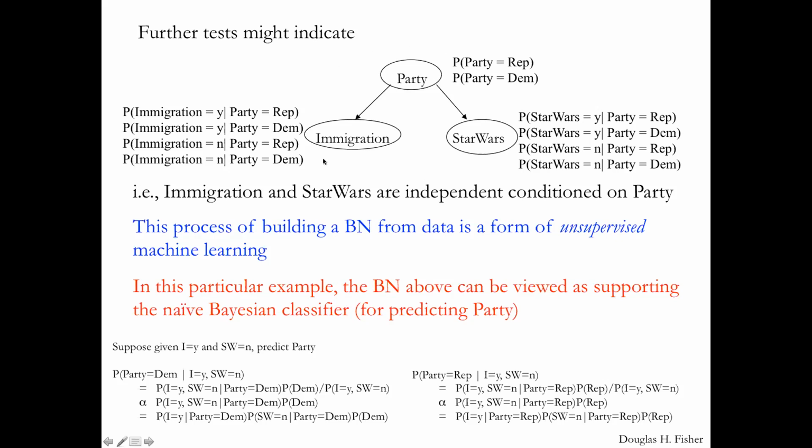So this is related to but different from this technique of naive Bayesian classification. But a network like this can be used to support naive Bayesian classification because it makes the important assumptions here. If we know that somebody voted yes on immigration and somebody voted no on Star Wars, we would want to predict the party.